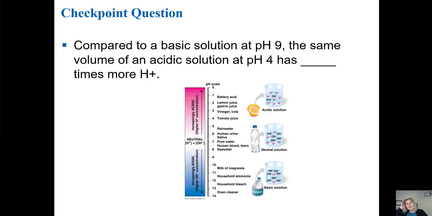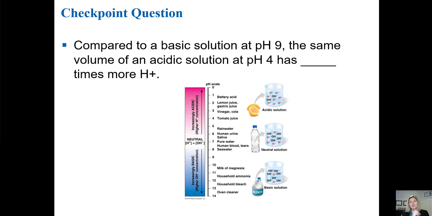All right, so here's a question for you. Compared to a basic solution of pH 9, the same volume of an acidic solution at pH 4 has how many times more hydrogen? Well, this goes back to the pH scale being a logarithmic scale. Okay, so that means as we move up or down the scale, we're increasing the concentration.